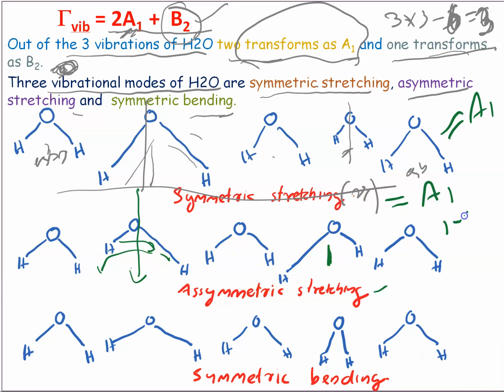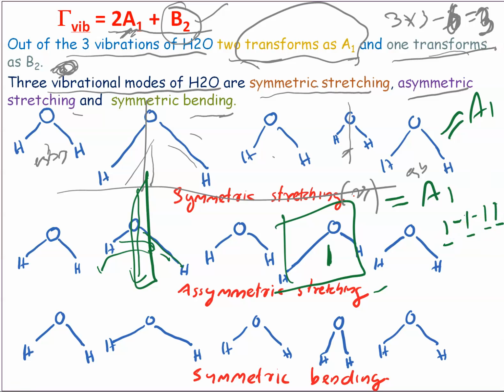Therefore, the character is -1. In sigma v, this long bond becomes short, short becomes long. That is, the orientation is shifted. Therefore, again the character is -1. In the case of sigma v dash, that is this molecular plane, in that case there will be no change. Therefore, the character is 1. So the characters are 1, -1, -1, 1.